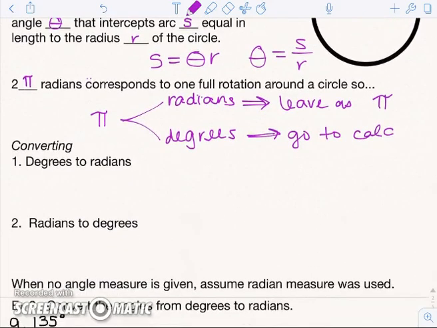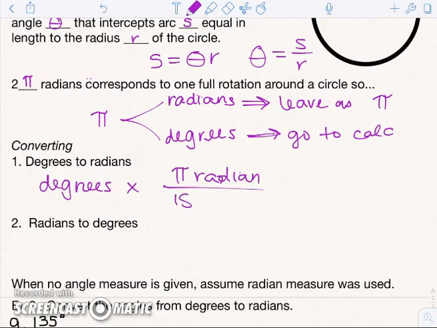When you're converting from degrees to radians, think about all your other conversions. If you have degrees, what you're going to end up doing is multiplying by 1 pi radian over 180 degrees. So 1 pi radian is equal to 180 degrees. If 2 pi radians is the whole circle, well, we know a whole circle is 360, so half of that must be 180.